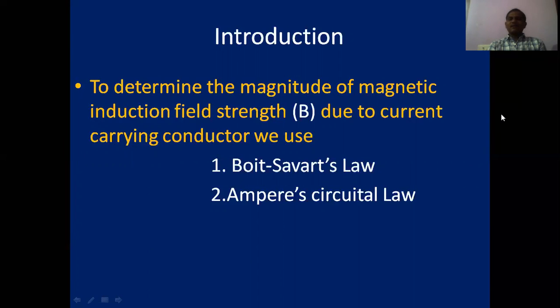But to determine the magnitude of magnetic induction field strength due to the current carrying conductor, we use Biot-Savart's law and Ampere's circuital law. So to determine the magnetic induction field strength quantitatively, we use two laws: Biot-Savart law, and the second one Ampere circuital law.